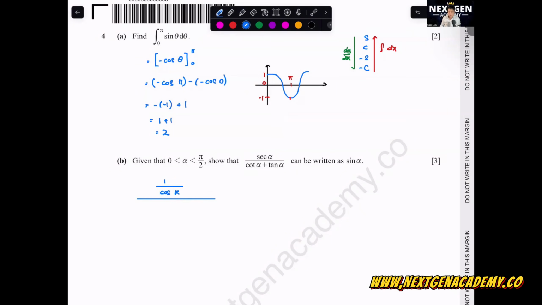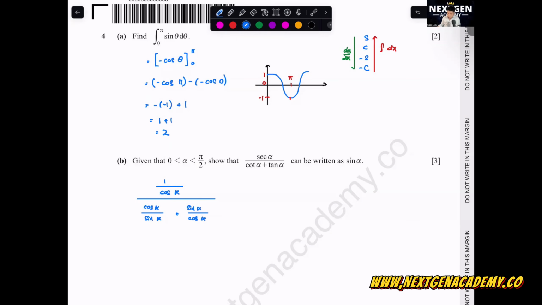Cotangent is 1 over tangent, but here we open it up as cos over sine. Tangent is sine over cos, and when you invert it, it becomes cos over sine. Normally when you have sine and cos, it's good because you can later simplify with identities.